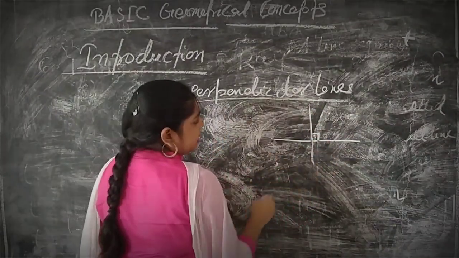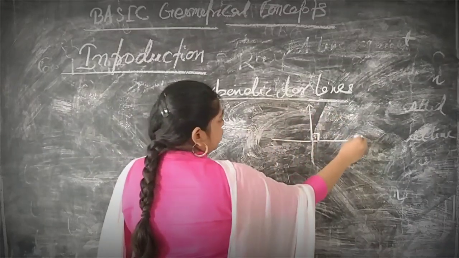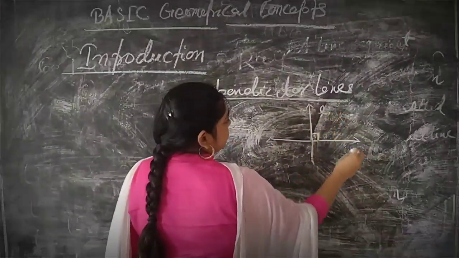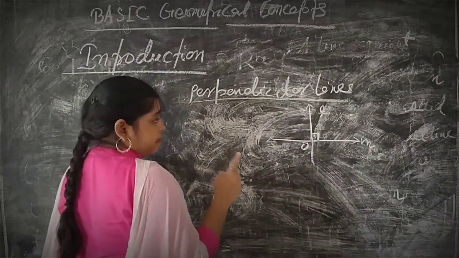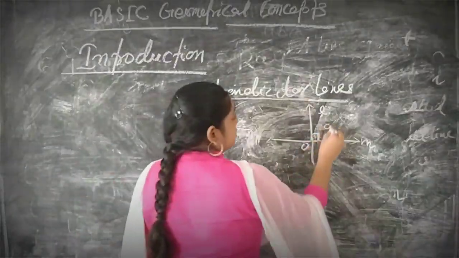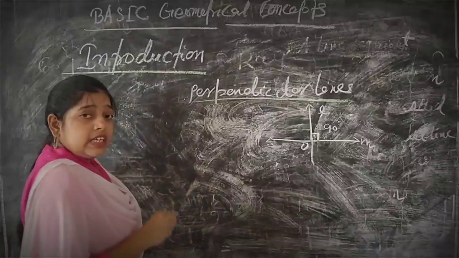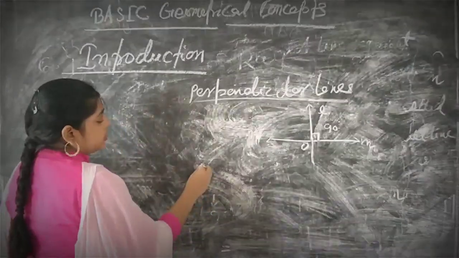Both are intersecting. For example, these lines are L and M, and the intersecting point is O, but they make an angle of 90 degrees.